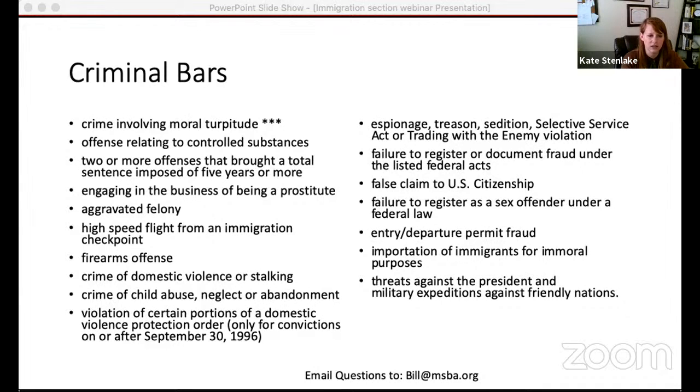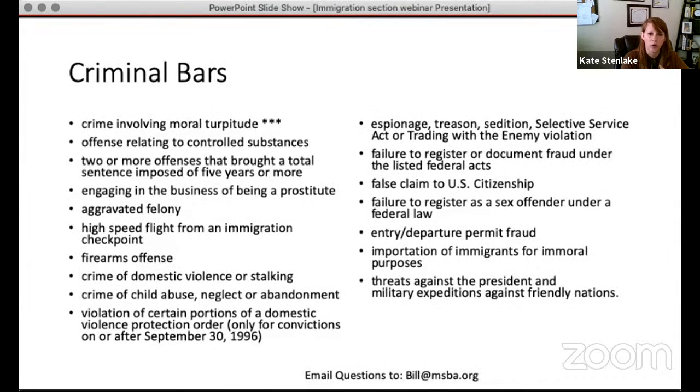There's constantly case law that changes what counts as a criminal conviction under one of these categories. The biggest one is a crime involving moral turpitude. There is an exception, which is why there are stars there. But basically, if you have a criminal conviction, no matter what it's for, make sure you check the statute, check this list, check case law to see whether or not it will be an absolute bar.